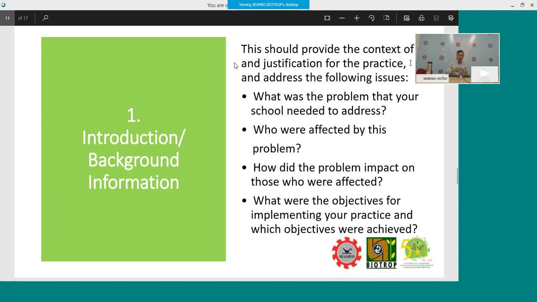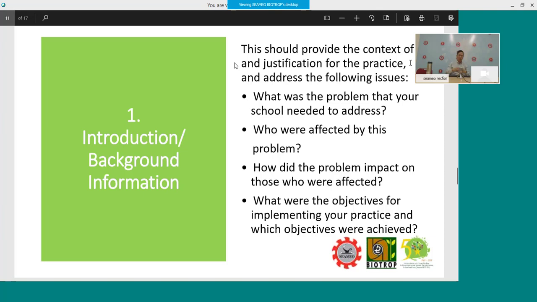And then who are affected by this problem, so we need to solve them. And how did the problem impact those who are affected? For example, the problem in our school is that maybe many students are not active in extracurricular activities. That would be an example of a problem. And then who were affected by this problem?